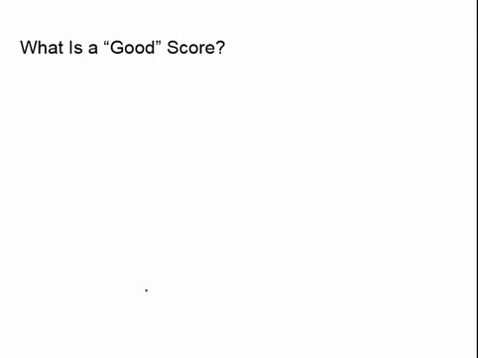Okay, so what is a good score? That is a common question among students. And the answer really does depend on whatever institution it is that you plan to apply to. Different institutions have different requirements, and you should definitely check to see what your band score should be for whatever you're using your IELTS score for.